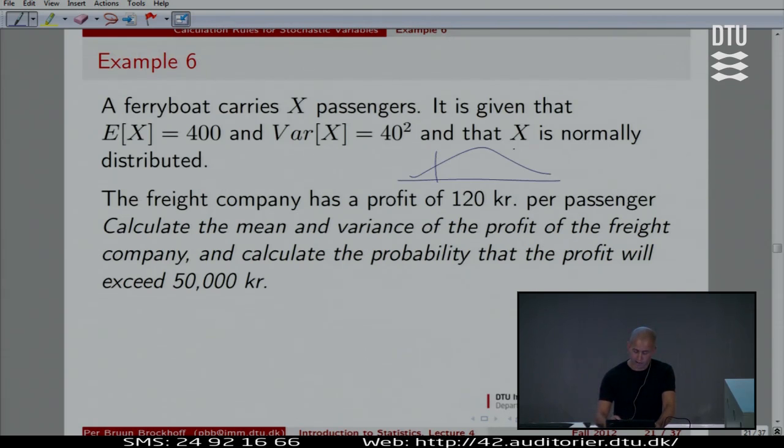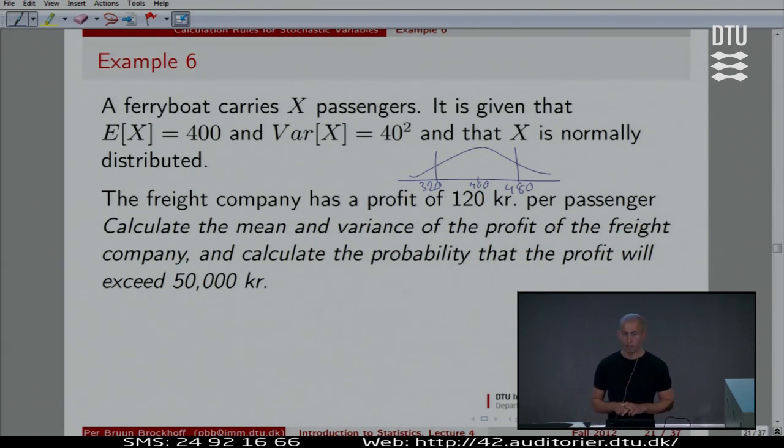So in 95% of all trips with this ship, we will have a number of passengers going between 320 and 480 with a mean of 400. And we can assume that it's a normal distribution, we are told. That's the model for this reality we are facing as a ship company. From time to time, where we take this route, this is what happens to us.